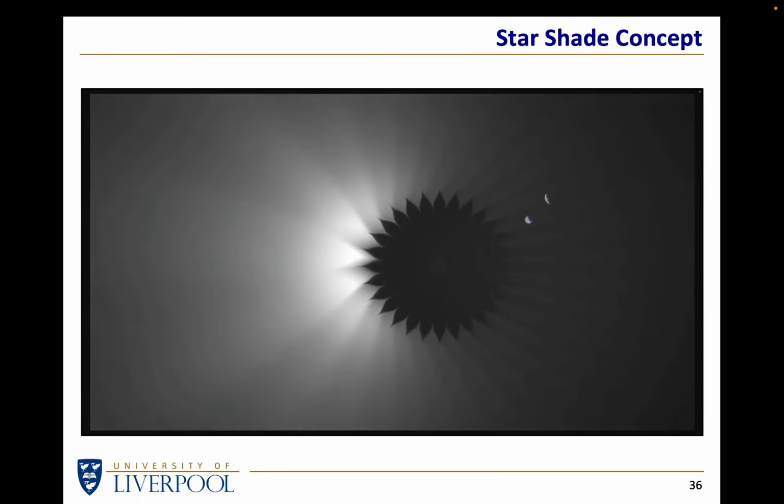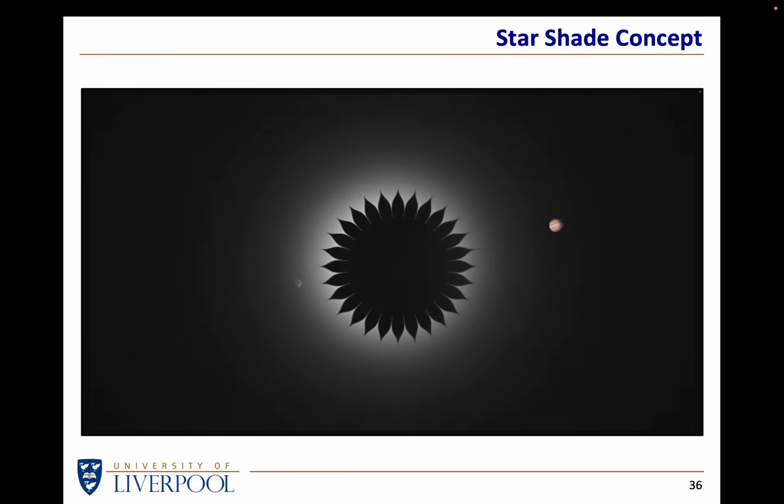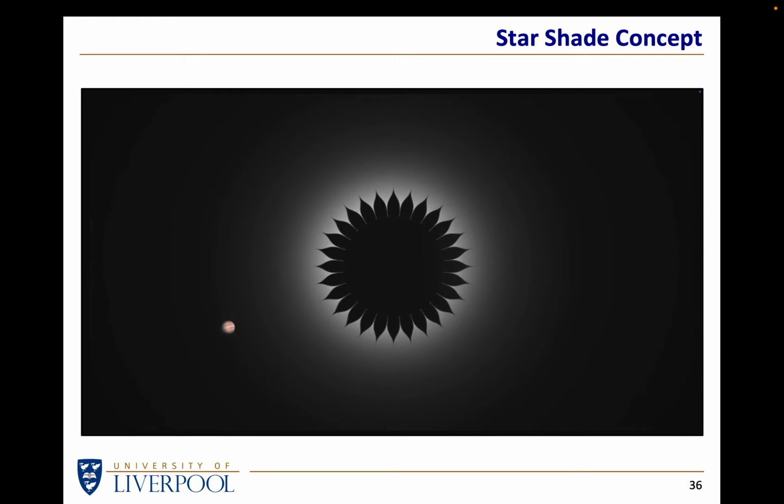And if you keep them with that amazing choreography, you might find it possible to block the light from a distant star and reveal the presence of planets going around it. Because you're blocking the light at source, not the light after it's entered the telescope, in principle, you can get much better contrast and hopefully see much fainter planets.